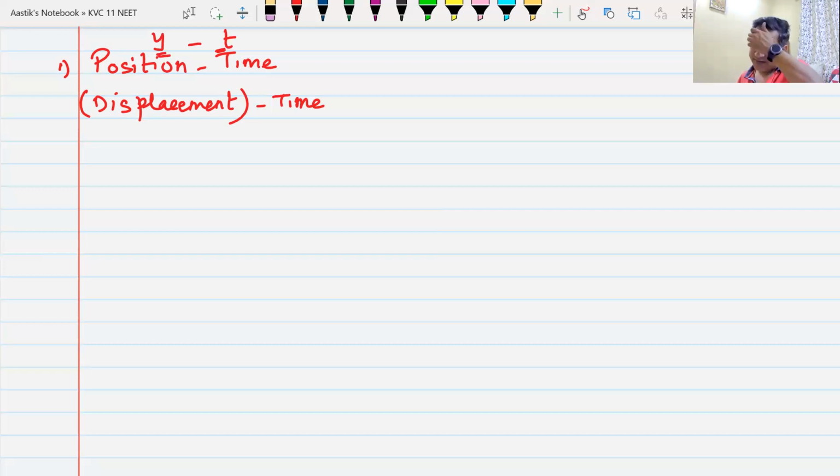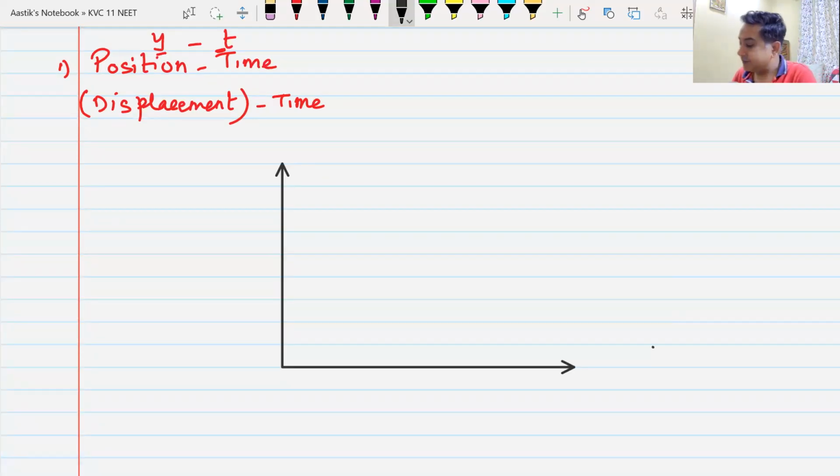Okay, finally I succeed. Position of the particle, if I call it R, you can also call it X, Y, or Z. It will be plotted like this. Position will be plotted on y-axis and time will be plotted on x-axis. Now we can have different types of graphs here.